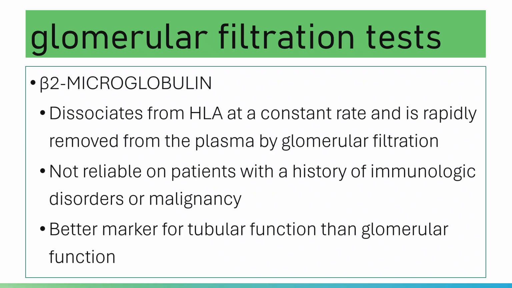In contrast, if the beta-2 microglobulin concentration in the serum is normal, while the concentration in the urine is increased, then it indicates a tubular reabsorptive function problem, or a tubular disorder.